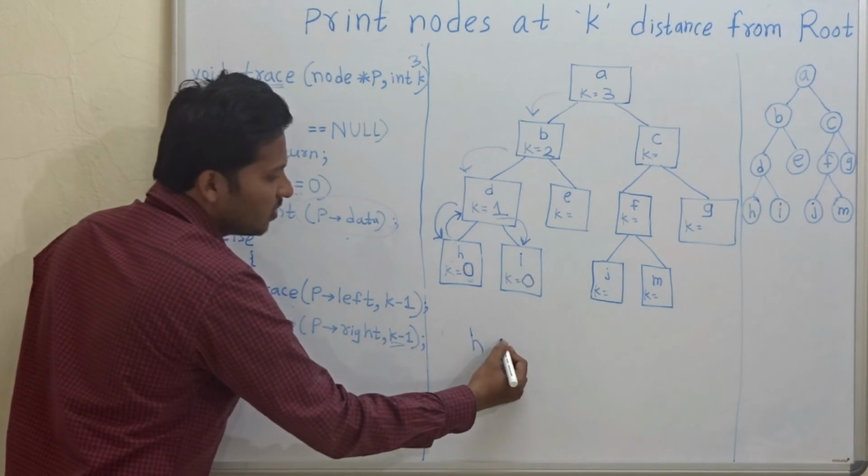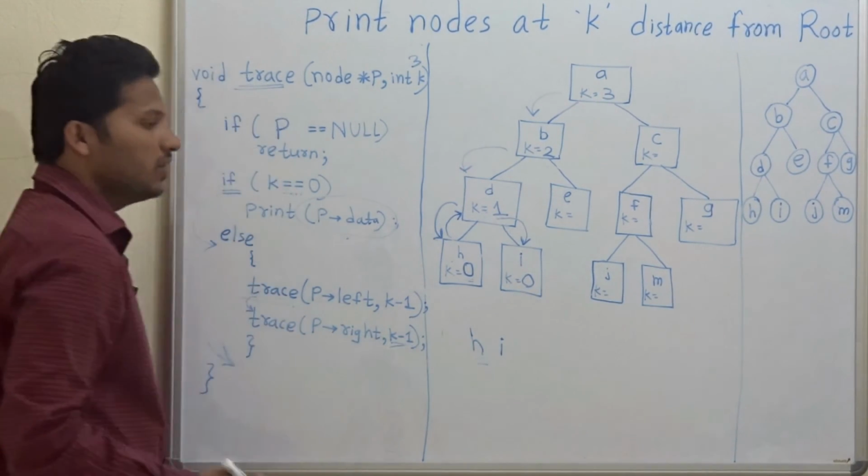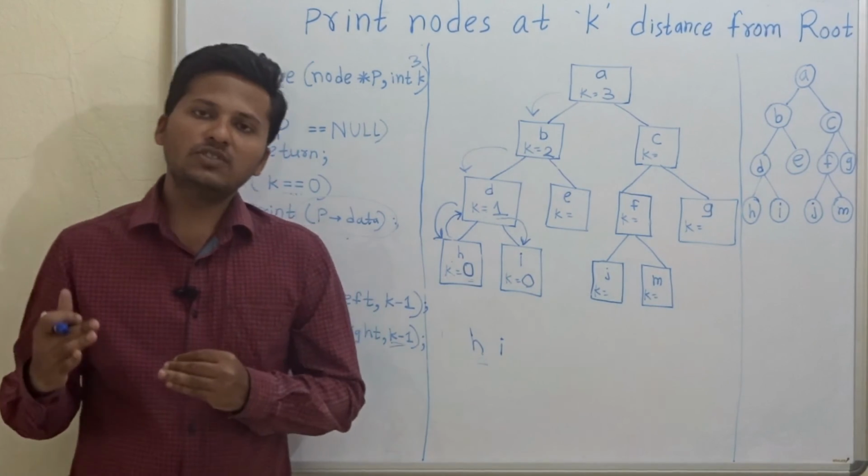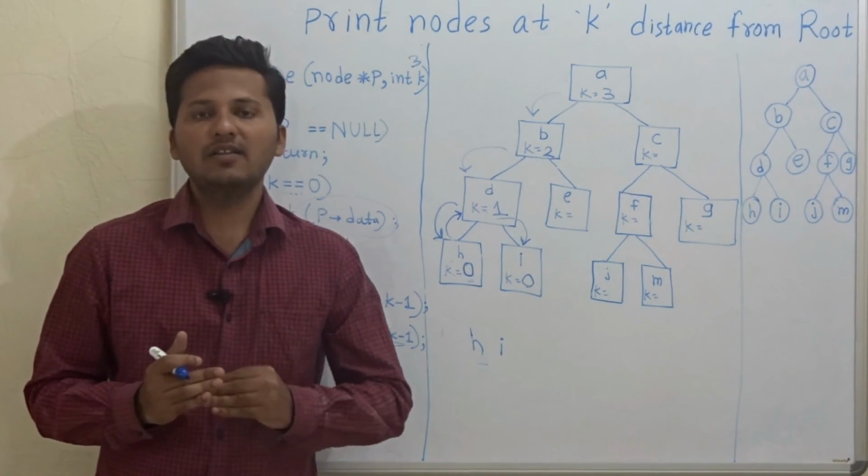So I is also our answer. In this way all the nodes at a distance k are found.